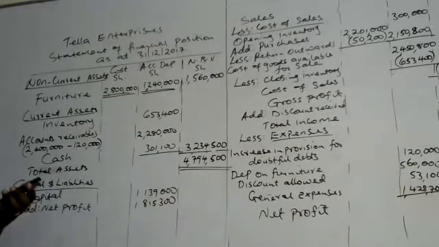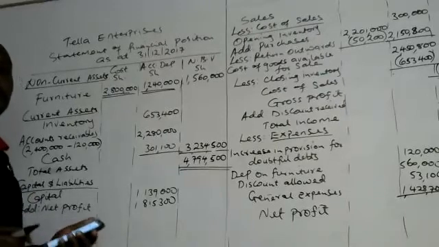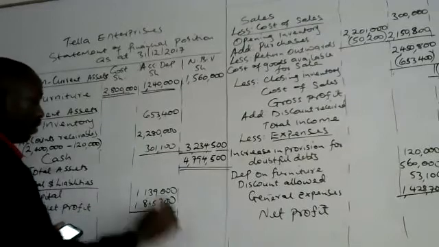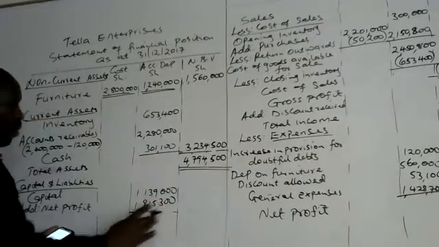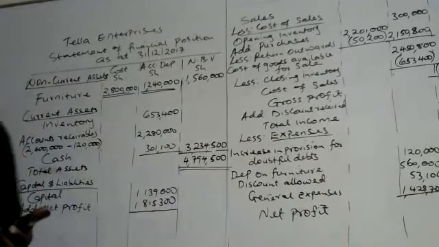Then do we have drawings? Whenever you see drawings, just know it is going to less capital. So it is not there. So if you add these two, what is the end figure or the final figure for capital in that year?